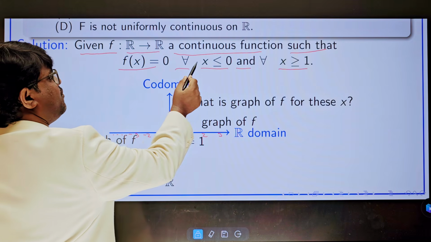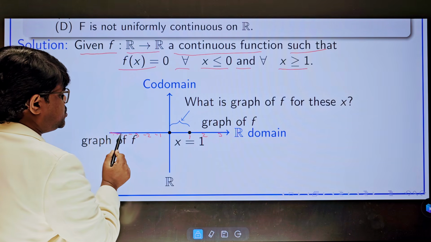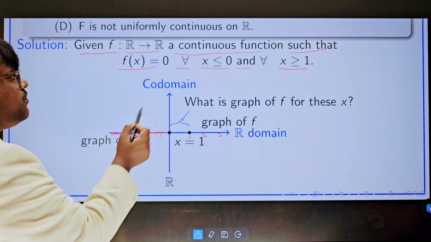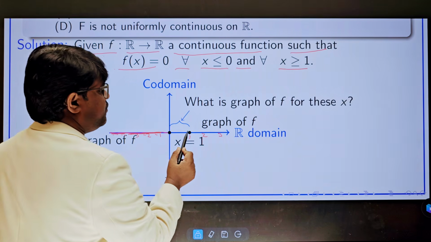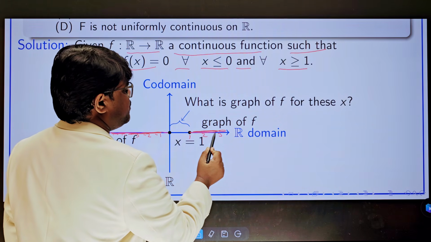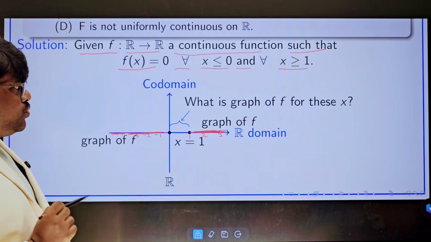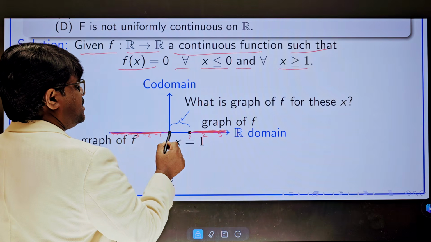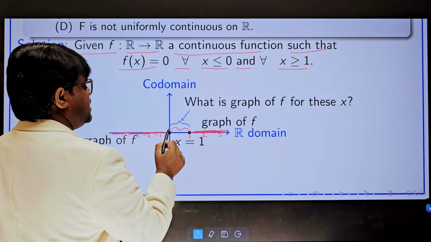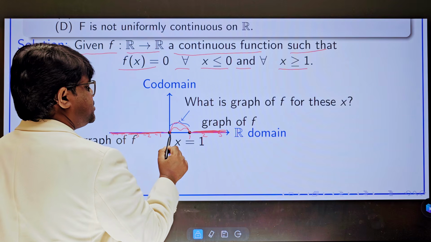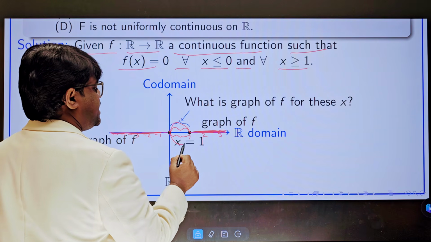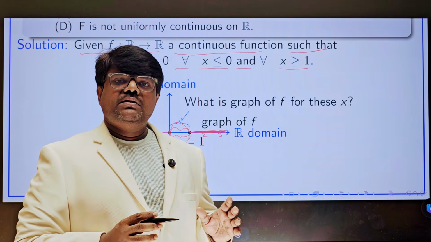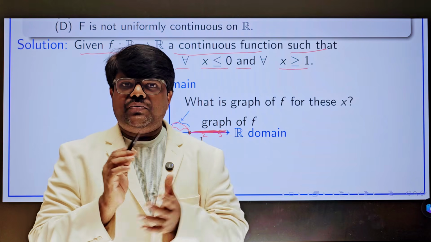F of x equal to 0 for all x less than or equal to 0 means on this portion the function value is 0, and for all x greater than or equal to 1, on this portion the function value is also 0. But we don't know the function in between; it may be like this, or like this, because they have clearly mentioned that small f function is continuous.